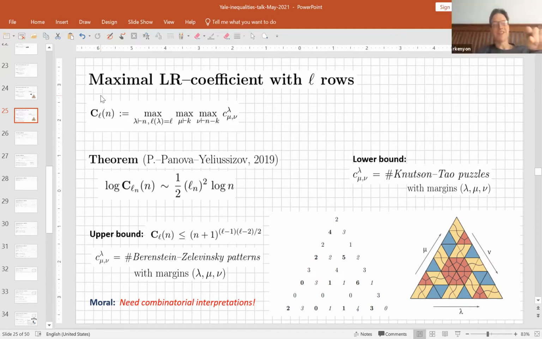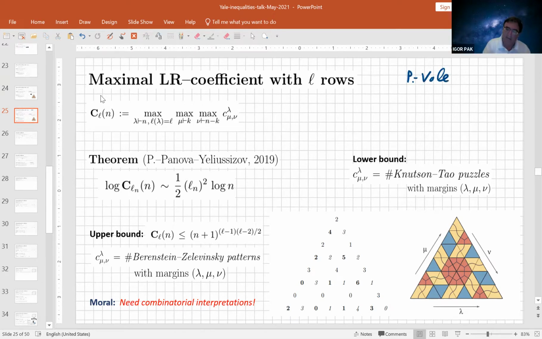This is the first time I've seen these Bernstein-Zelvinsky patterns, but they do resemble puzzles, because whenever you have a hexagon, the lengths of the opposite sides satisfy that condition. This is with Ernesto Vallejo, and we have a bijection between those: from BZ you go to something called hives, and from those you can go there.